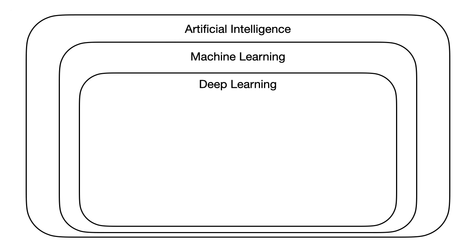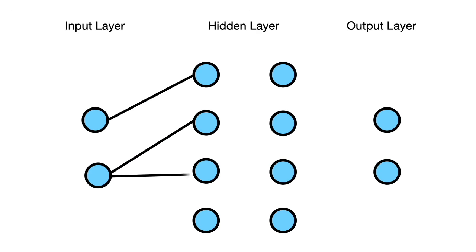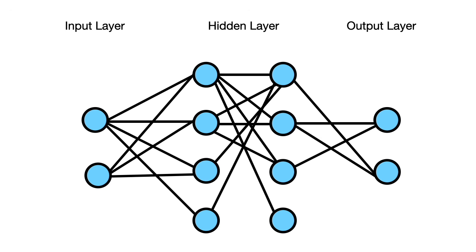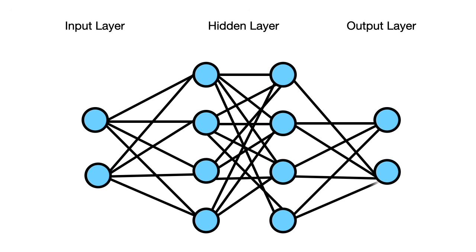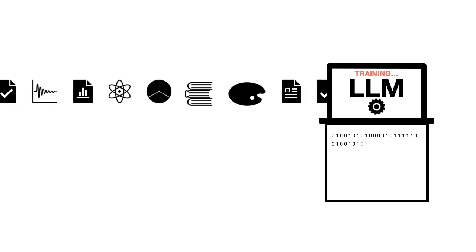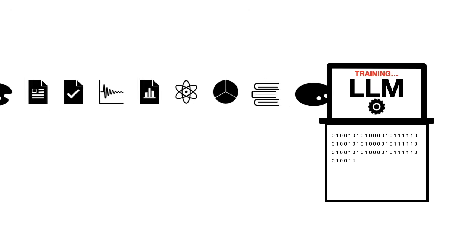Deep learning is a subset of machine learning, and a key element of deep learning technology is neural networks. Neural networks consist of interconnected nodes designed to replicate how our brain works. These neural networks allow a deep learning model to learn from uncategorized data efficiently, making it easier to use much more data to train the model. This means we need to be particularly careful with the data and information we provide in our prompts.